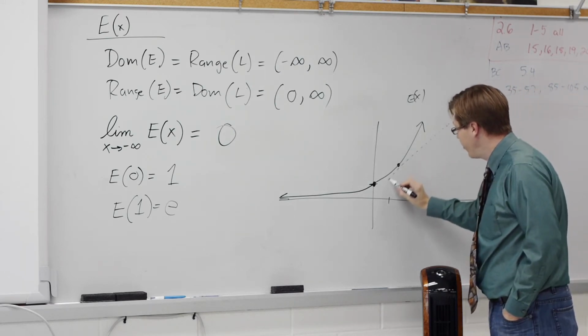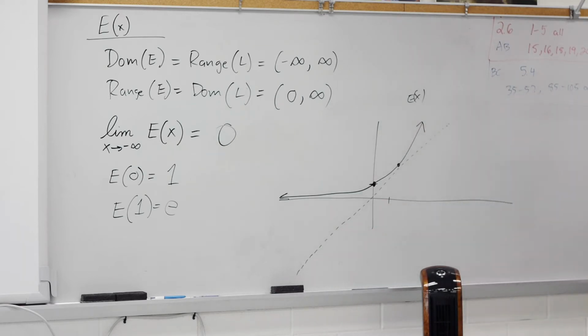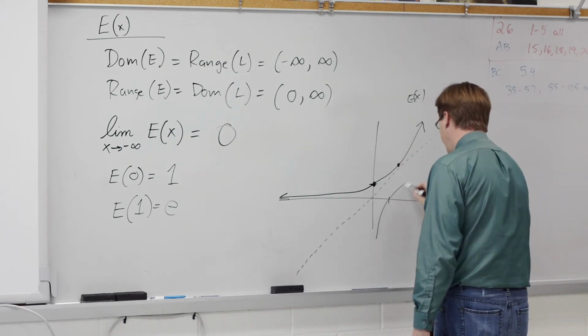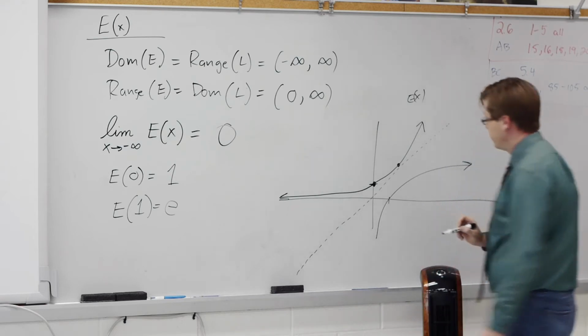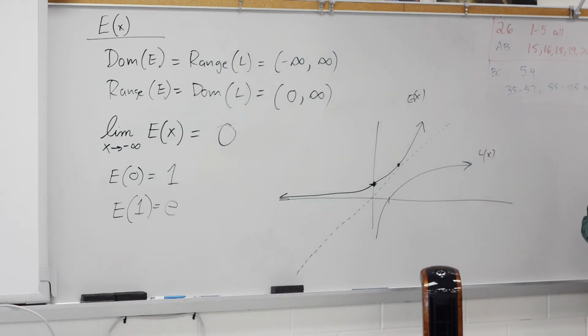Now, the other thing you may recall about inverse functions from previous classes is that the graph of the inverse is just flipping it around the diagonal y equals x. So if I take this function and flip it around that dotted line, that's L of x.